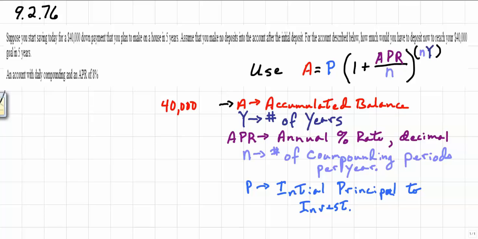Y is going to be the number of years that we're going to be looking at, and for this one we had already decided that it's going to be 5 years in the problem. The APR is our annual percentage rate in a decimal, and we note that that's an 8%, so that's going to be 0.08 for our APR.